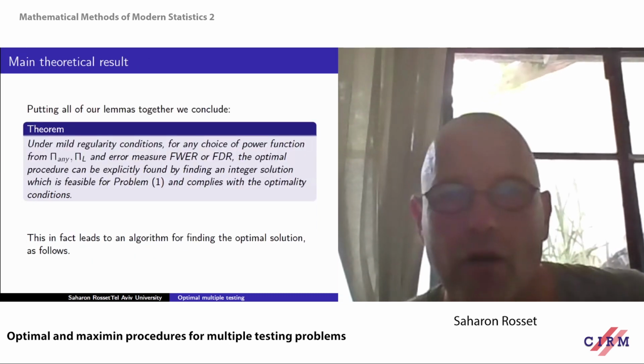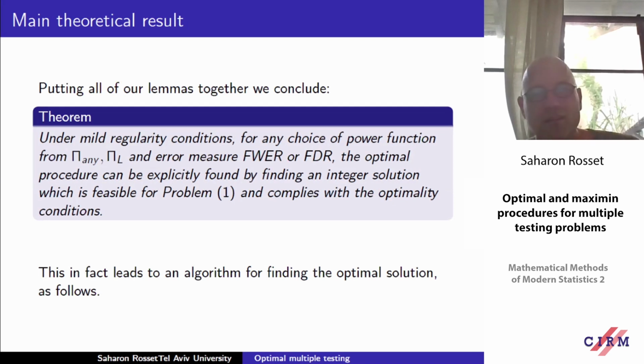Okay, so putting all of our results together, we have a theoretical result. It's not yet a practical result. It says that if we choose the power objectives that I mentioned and many others, and if we want to control family-wise error rate or FDR as well as many others, the optimal multiple testing procedure can be explicitly found if we can find a solution that is integer, that complies with these KKT-like conditions, and that is feasible for the original problem.